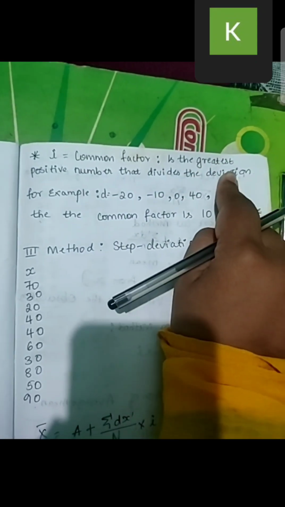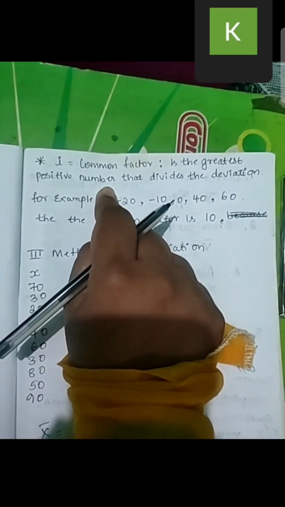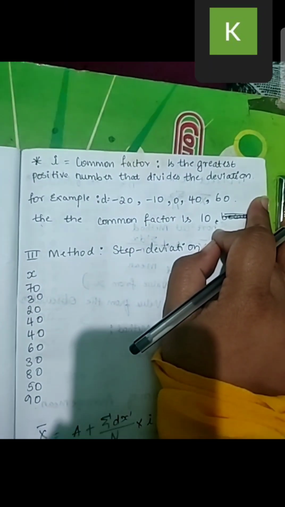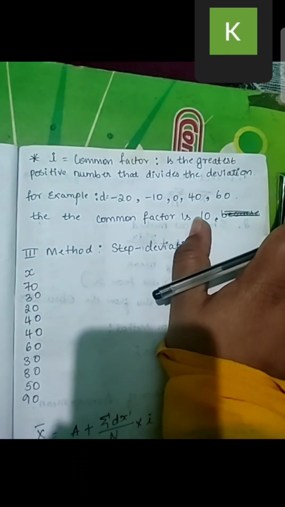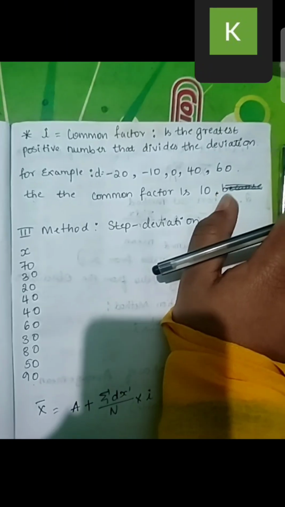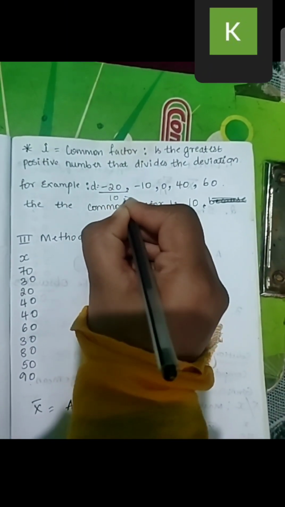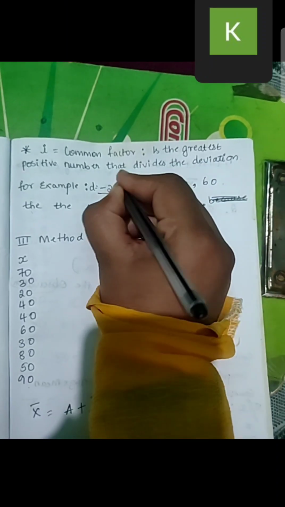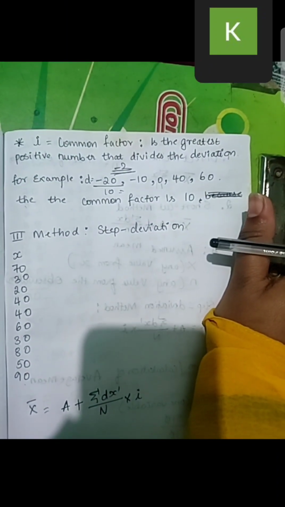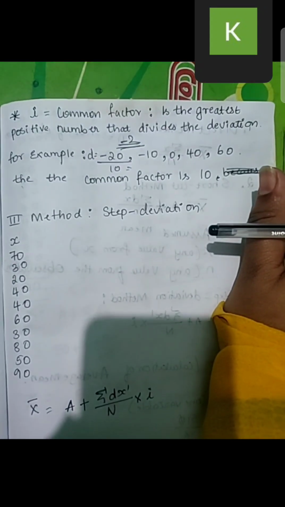It should be the greatest positive number that divides the deviation. There should be no decimals. Proper division. If I divide 20 by 10, I'll get 2. This is called proper division. Understood?